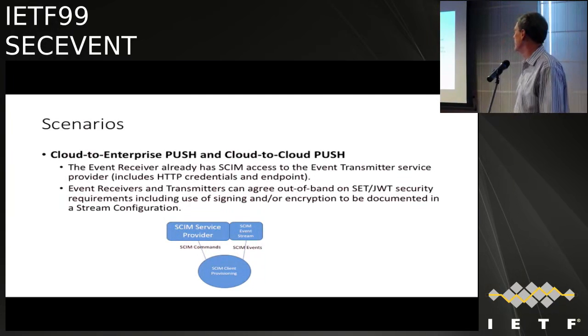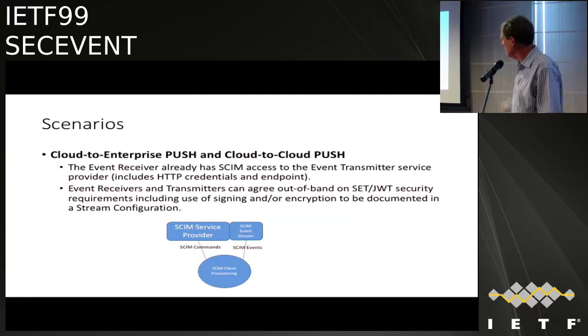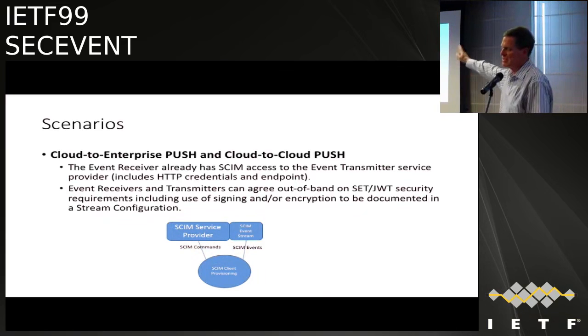And then the SCIM processing client controller will send SCIM security commands such as update users and things like that. And it will also do the event commands at the same time.